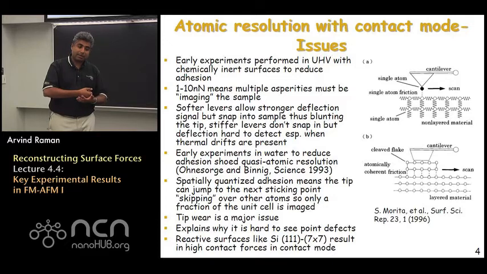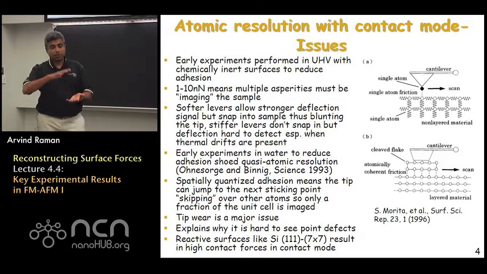And if you're trying to achieve atomic resolution, you want to have perfect tips as you scan the sample. On the other hand, if you choose very stiff tips, you don't get much of a deflection, and as a result, the signal-to-noise ratio would become very poor for contact mode AFM, and as you're scanning the surface, small thermal drifts would then start corrupting the data.